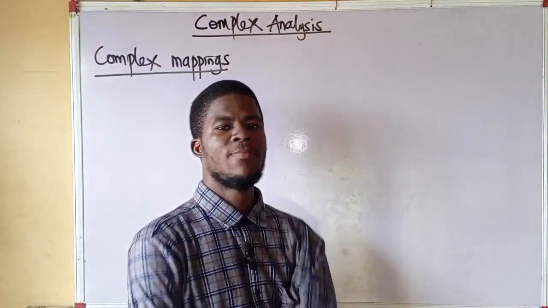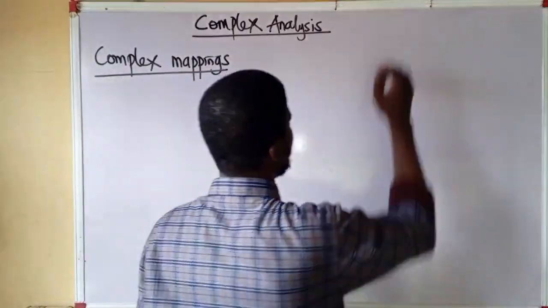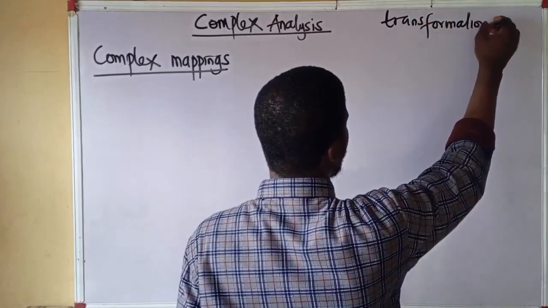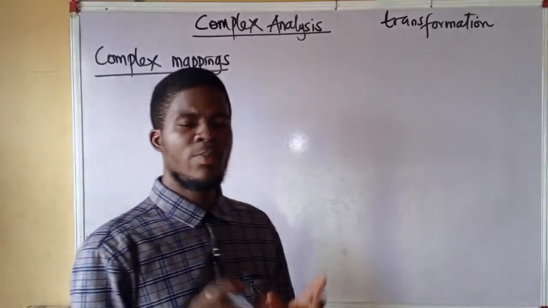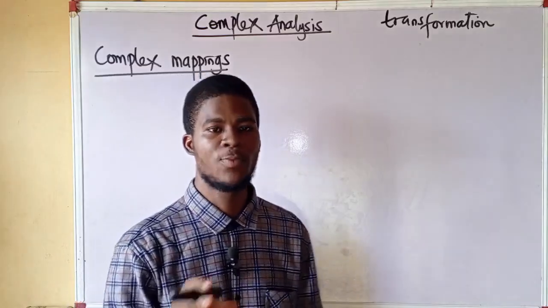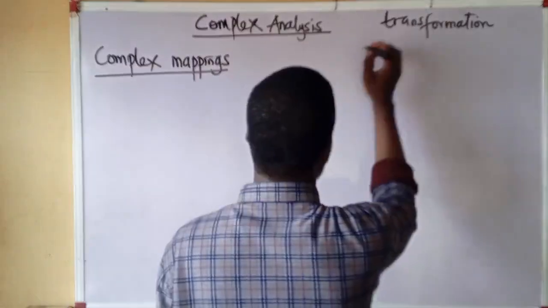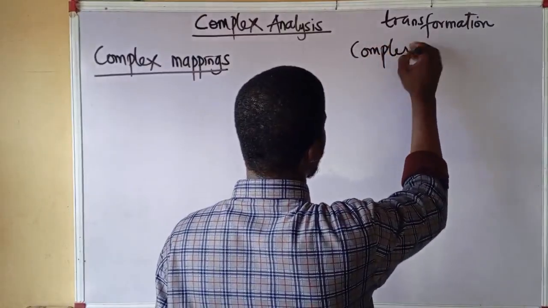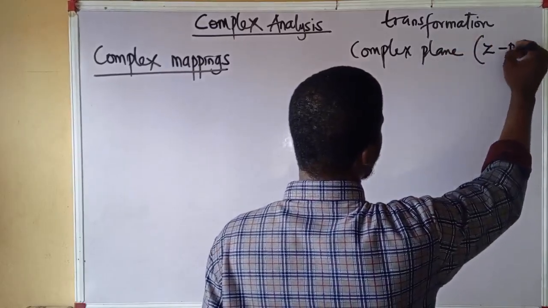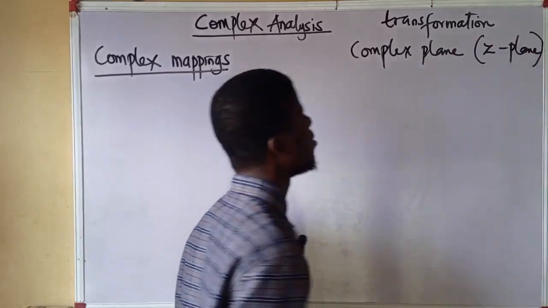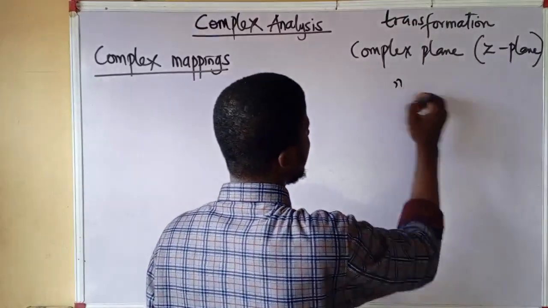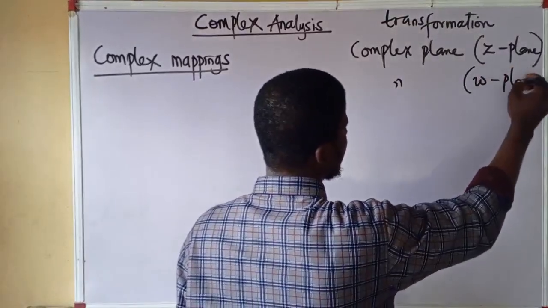When we say complex mapping, we are actually talking about a transformation. A complex mapping is a transformation that takes a point from one complex plane, usually the Z plane, to another complex plane, which is the W plane.